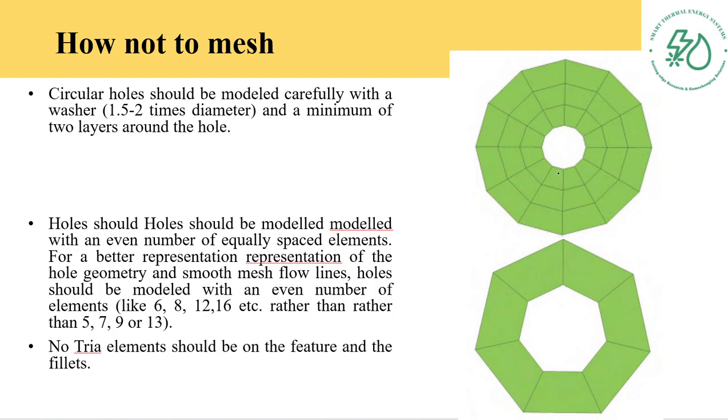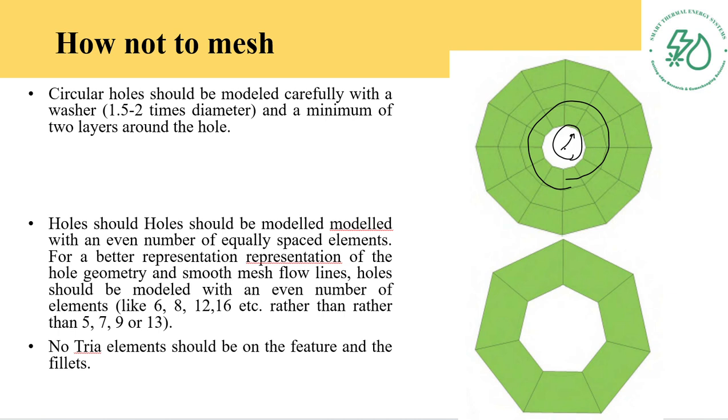And about holes: when you have holes in your geometry, you should model them carefully with a washer, like that. The diameter of the washer that surrounds this hole should be 1.5 to 2 times the hole diameter.